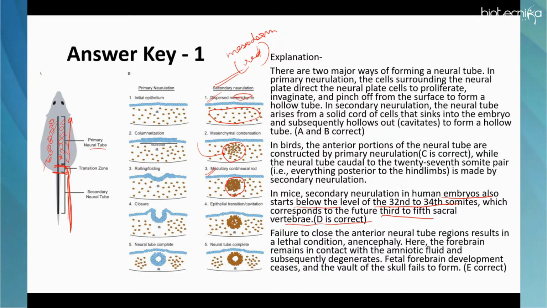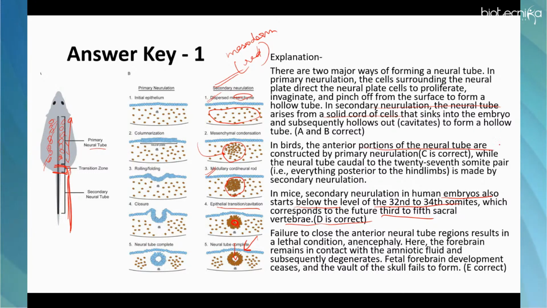Then a hollow opening will begin to appear. You can see epithelial transition or cavitation takes place, because of which the neural tube is formed. So in secondary neurulation, the neural tube arises from a solid cord of cells that sinks into the embryo, and subsequently it hollows out to form the tube. So this is derived from the mesoderm.